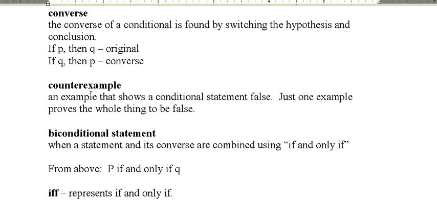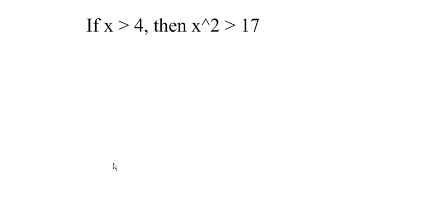A counterexample is any example that shows a conditional statement to be false. Anytime we have a statement and one example is not true, then that statement is considered false. An example of a counterexample: if we look at the statement, if x is greater than 4, then x squared is greater than 17.